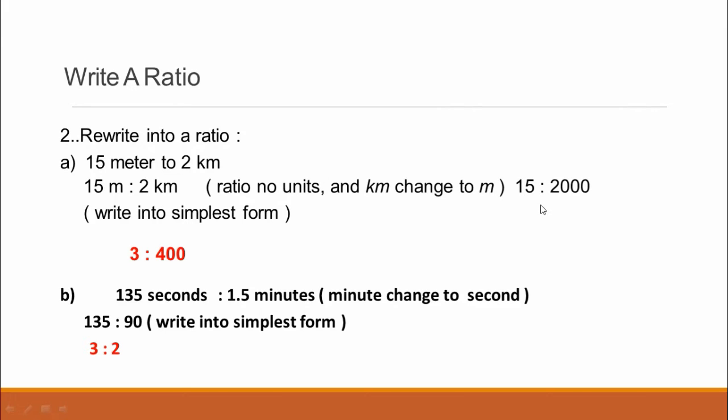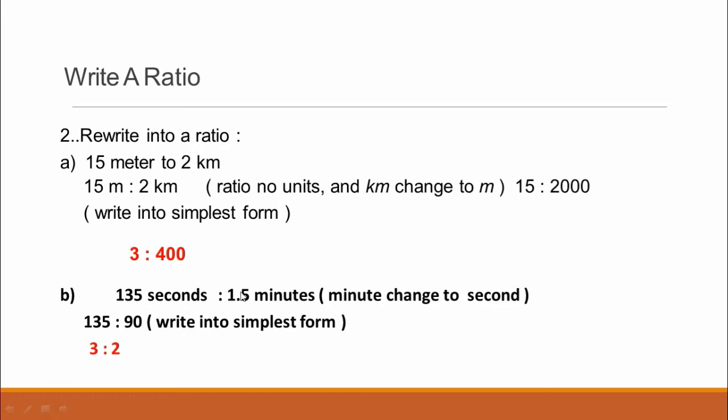So 15 meters ratio 2000 meters, and now we can write 15 ratio 2000. The simplest form of this ratio is 3 ratio 400. Dividing both sides by 5, we can write 3 ratio 400.